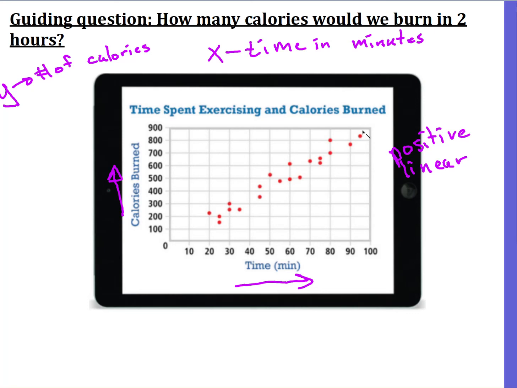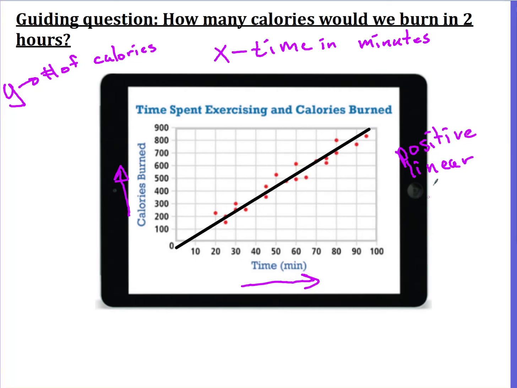I'll maybe start up here and tweak it as best as possible. Maybe about there. It doesn't have to be exact. If you want to get very exact, you'd probably use a computer program to make this line for you after entering the data, but we're just going to do it by hand for now. What I'm going to try to do with this trend line is answer a question with it.